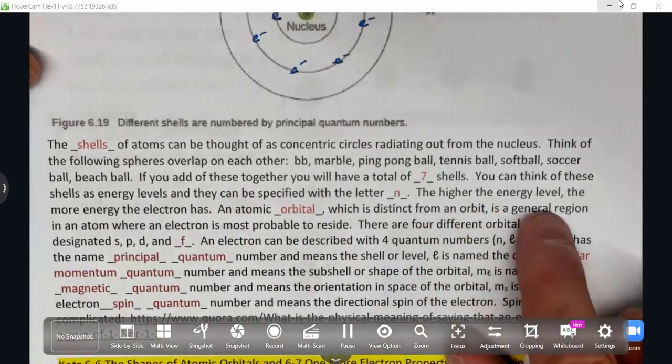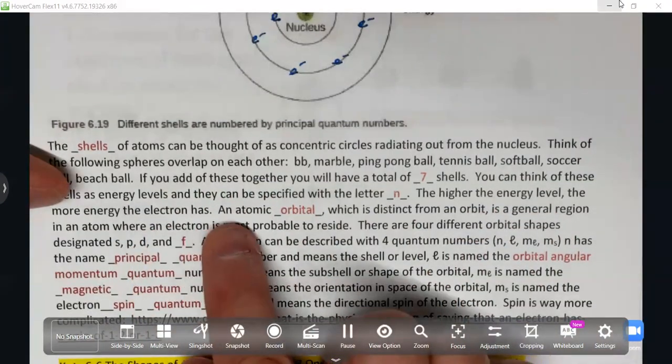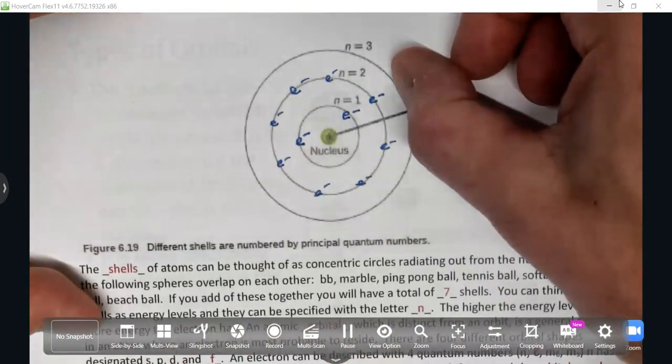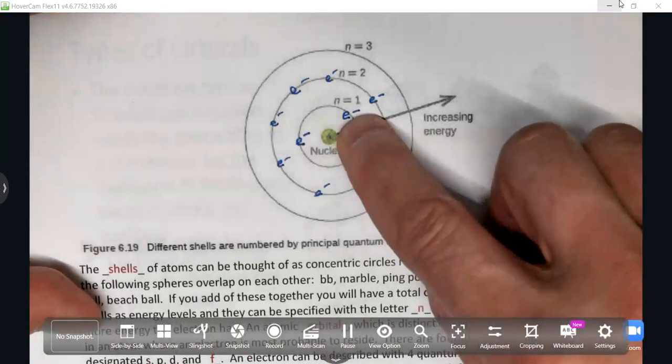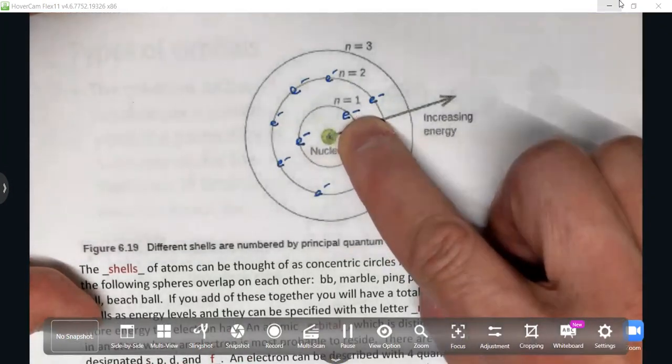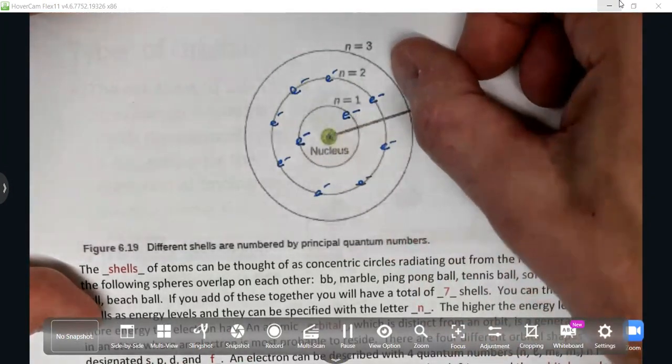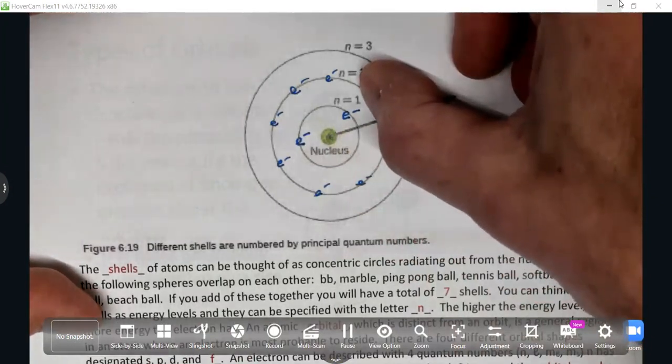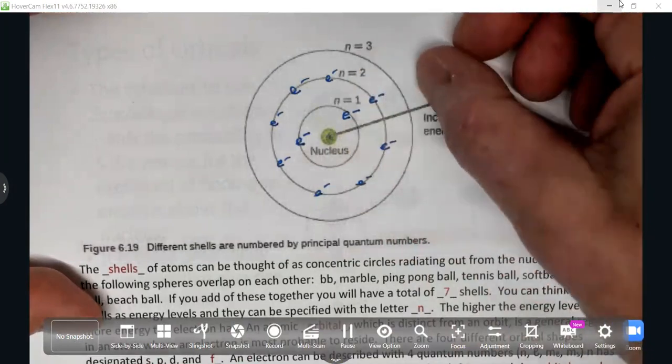The higher the energy level, the more energy the electron has. So if the electron is way out in energy level 3, it has more energy than if it's in energy level 1. This is no different than gravity. If you throw something up higher, it's going to come down and hit you in the head, if you're not careful, with more force, right?